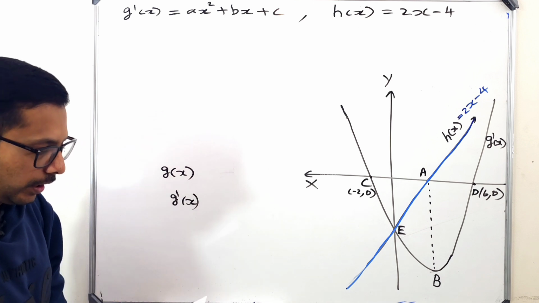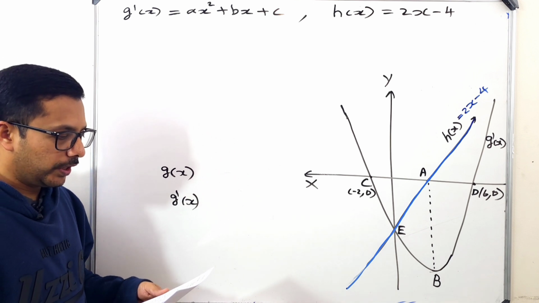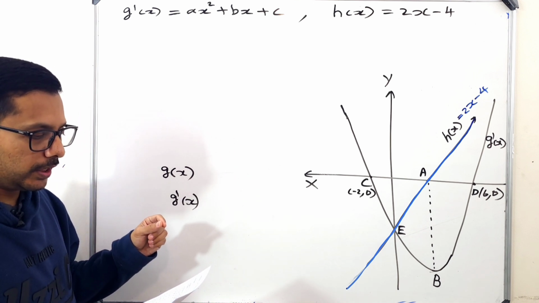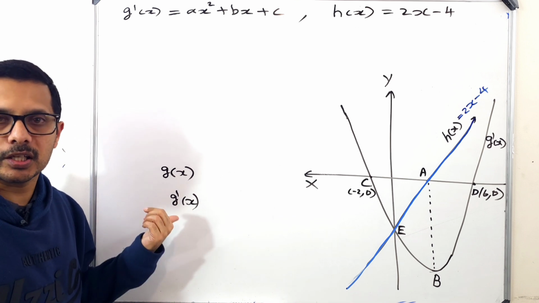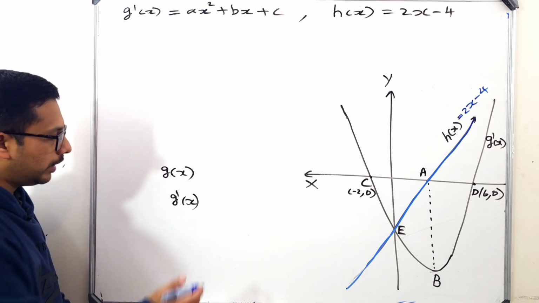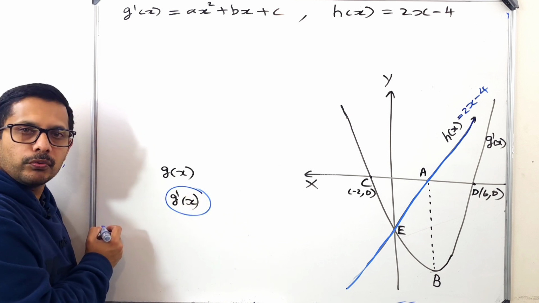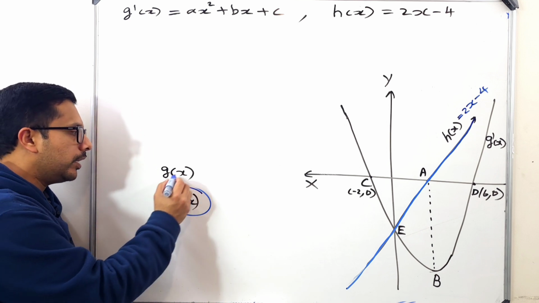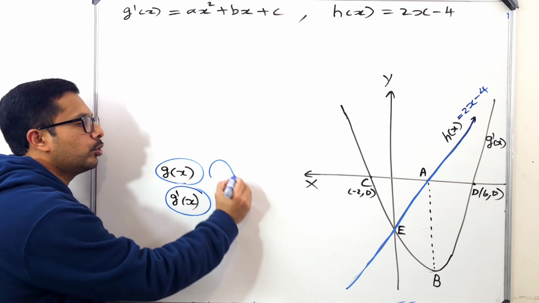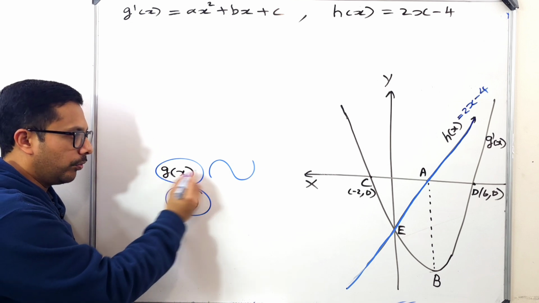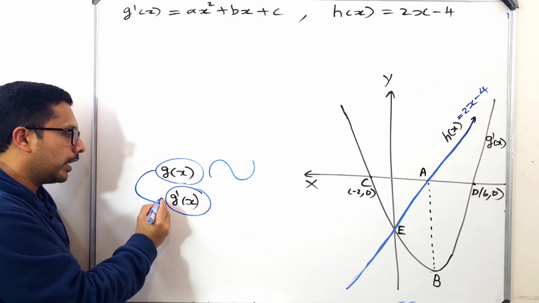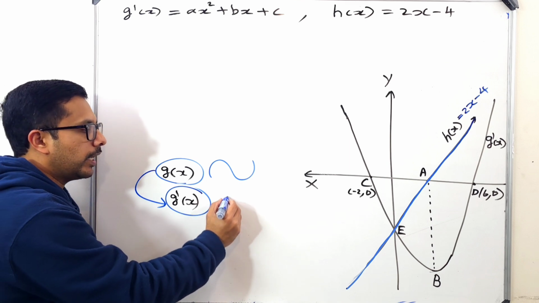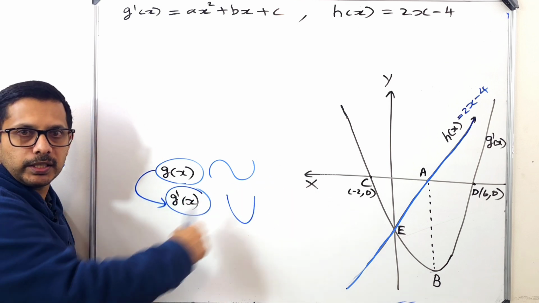Okay, the graph of g dash of x, ax square plus bx plus c, is a derivative graph of a cubic function g. That's what I said before. They are saying that this g dash of x is the derivative of this g of x. There is a cubic graph like this g of x, and when they derive this g of x, they are getting this g dash of x, and that is this parabola given there.